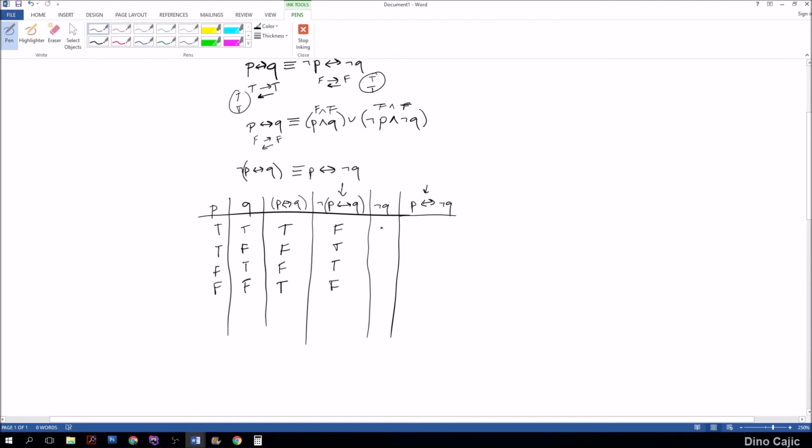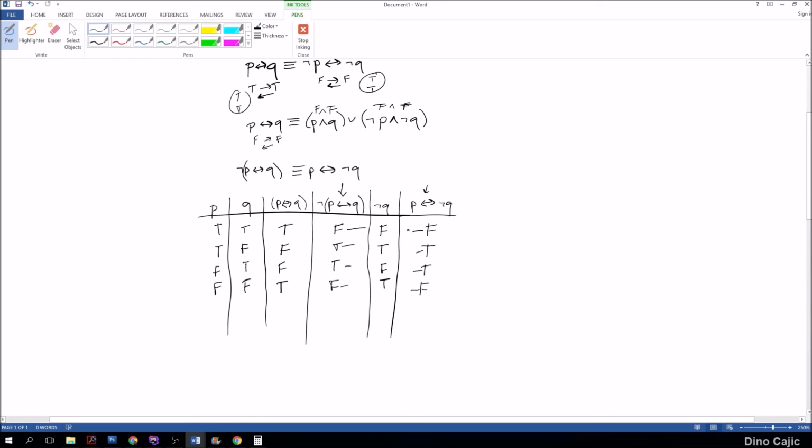The negation of Q would be false, true, false, true. And basically P if and only if not Q. We're looking at P and not Q, so they're opposite right there. So that's false. So true, true, true. False and false is also true. False and true is false. So if we look at here and here, these are all identical values.